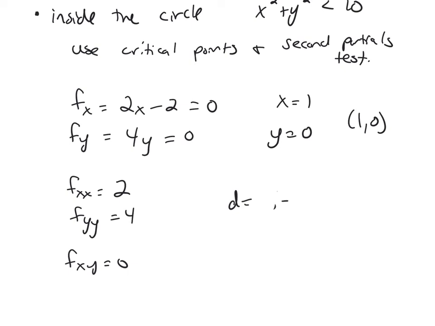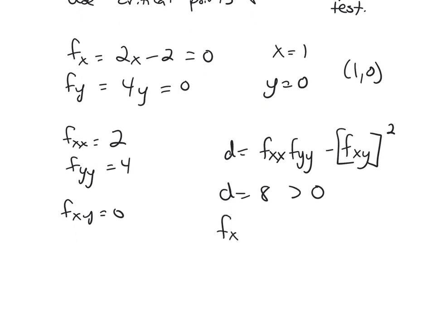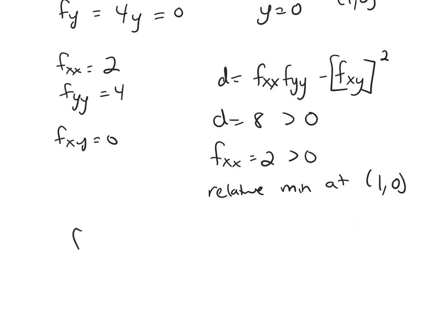Remember that D comes from fxx times fyy minus fxy squared. D is always 8, which is bigger than 0. And fxx is 2, which is positive, which means you have a relative minimum at your critical point, 1, 0. Plug this into your function: f of 1, 0 is 1 minus 2 plus 3, which is 2.